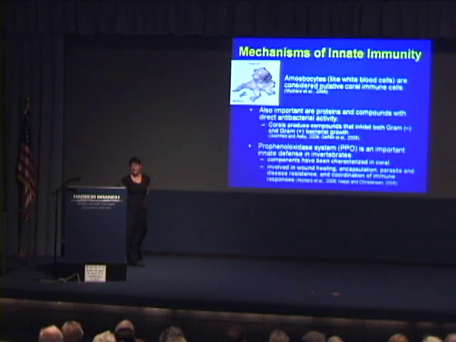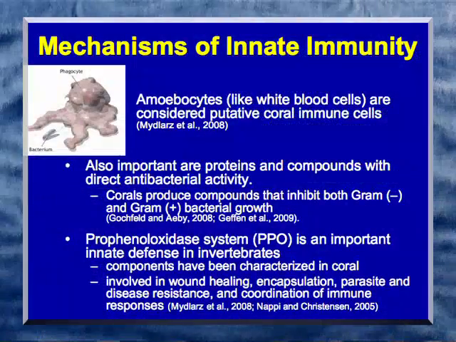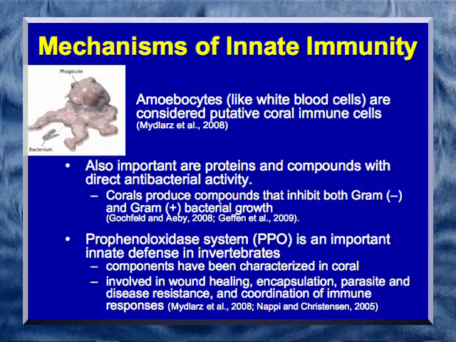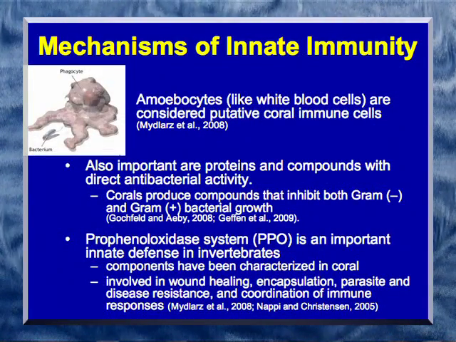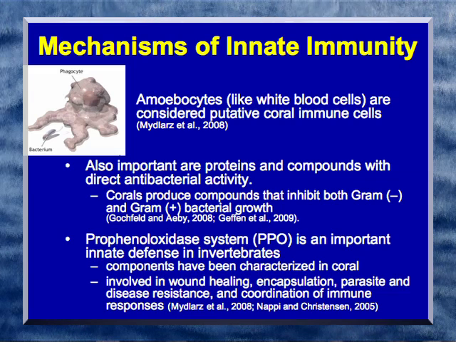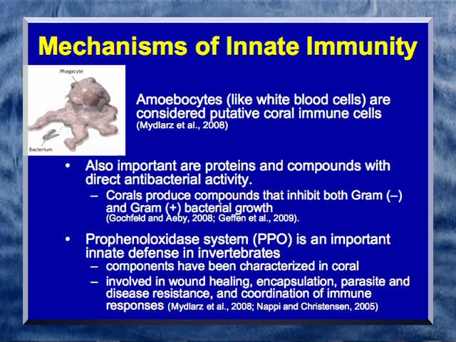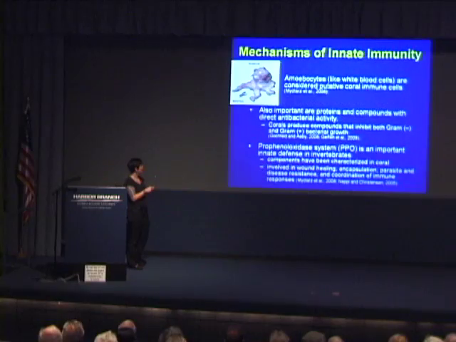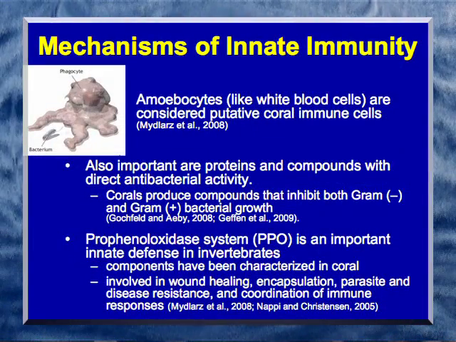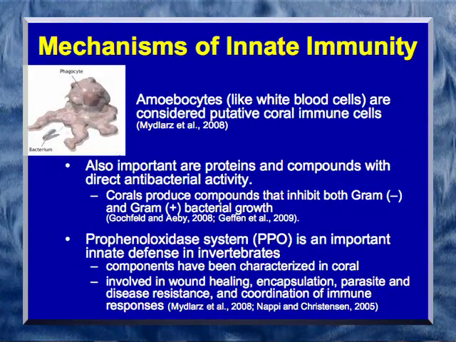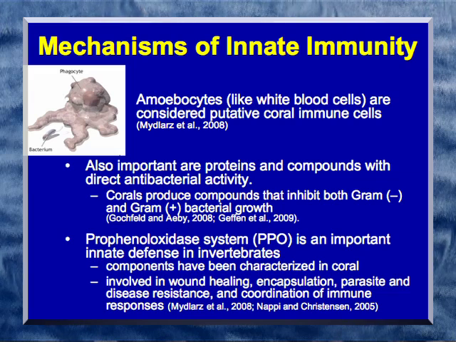So the mechanisms of innate immunity include having amoebocytes, which are considered coral immune cells and are found in multiple sponges and invertebrates. And they act like white blood cells in that they engulf and destroy invading bacteria or other invading organisms. And also important are proteins and compounds that have direct antibacterial activity.